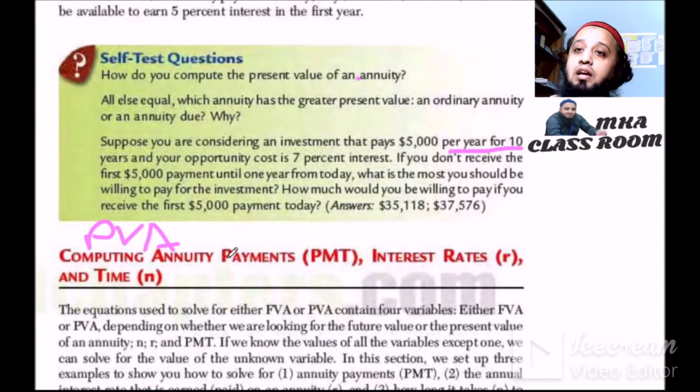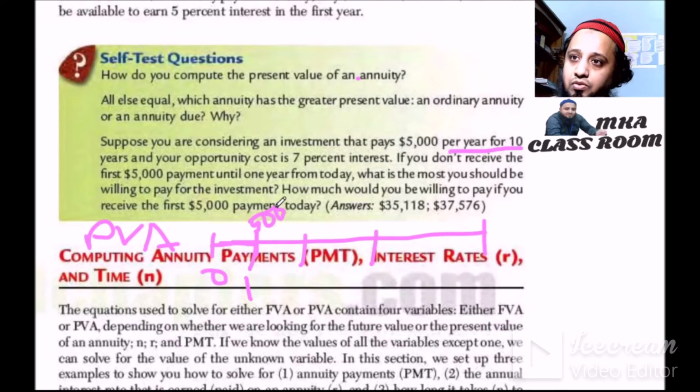And here it says if you don't receive the first payment until 1 year from today. So, this is our timeline starting from 0, 1. When the first period ends, 0 to 1, your first payment starts from here.